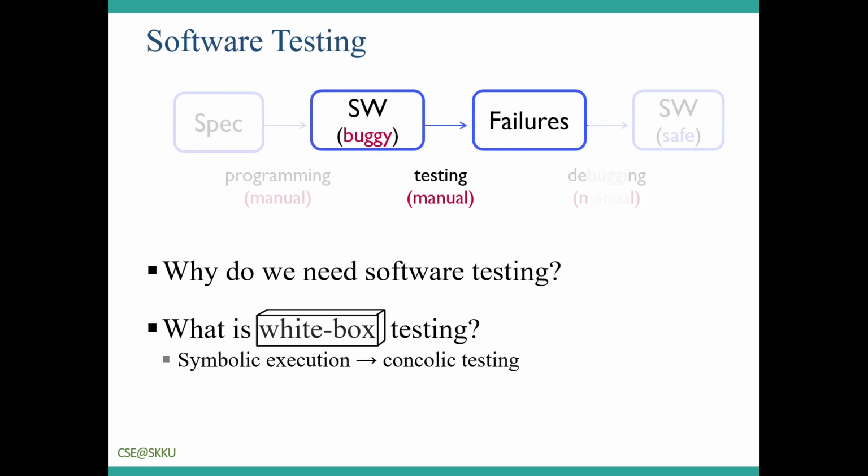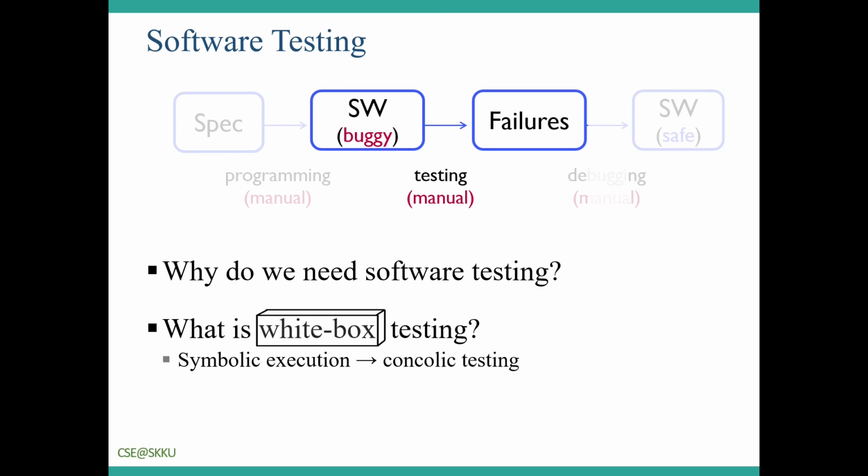Okay, so now let me go into more detail about some of the topics we will cover in this course. First, as you can see here, we will focus on software testing, which takes any given program as an input and aims to find inputs that trigger bugs. In particular, we will cover two simple but important subtopics.